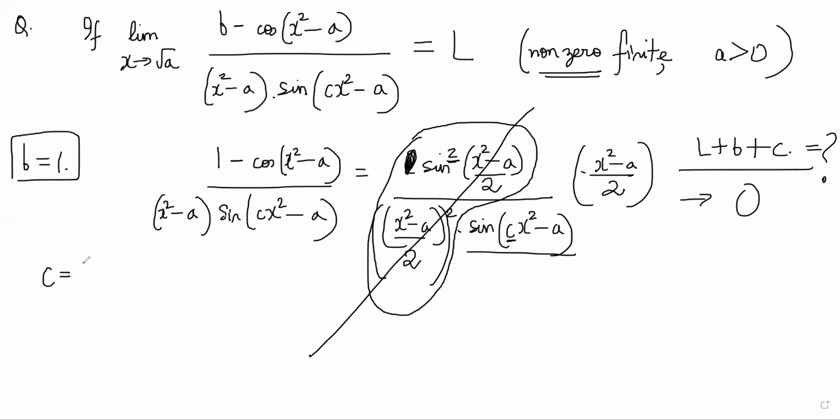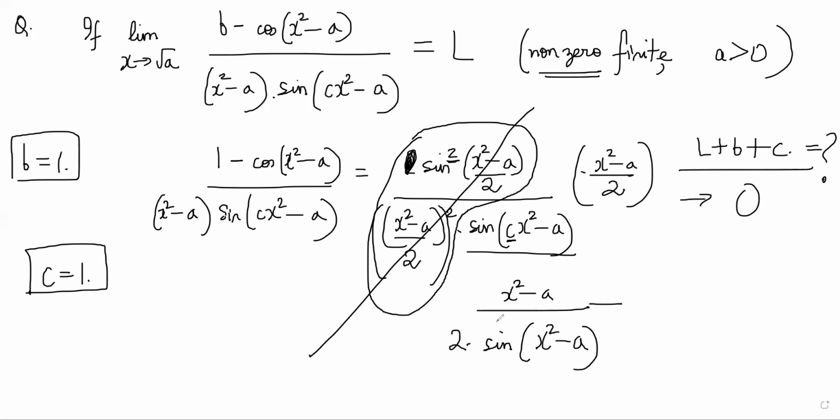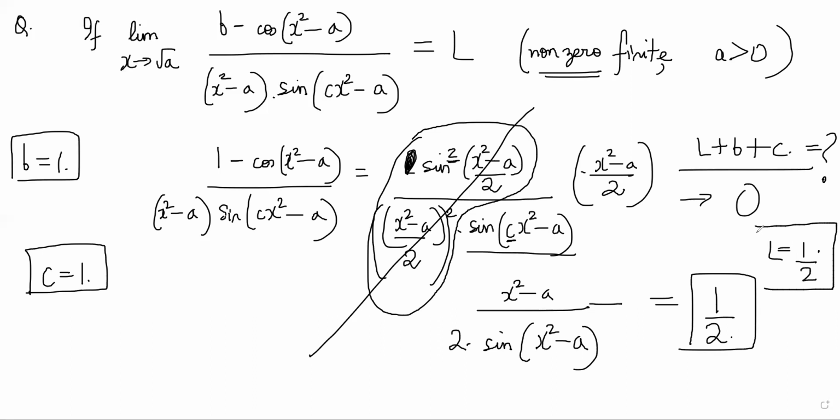Only if c is 1, you will have 0 by 0 type. And then if c is 1, I will just put this as (x square minus a) by 2 times sine of (x square minus a). So the limit will come out to be now half. So L is half, b is 1, c is 1. The answer will be 2.5.